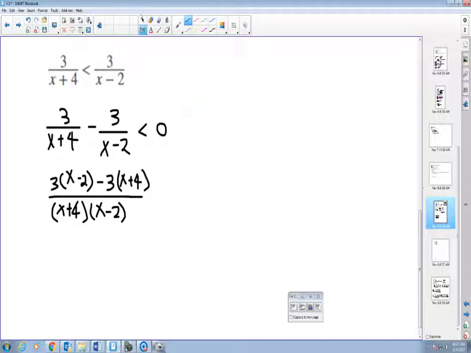As you can recall in your previous algebra classes, you learned how to add and subtract rational expressions. So we're doing the same thing here, a different way of saying the same thing.